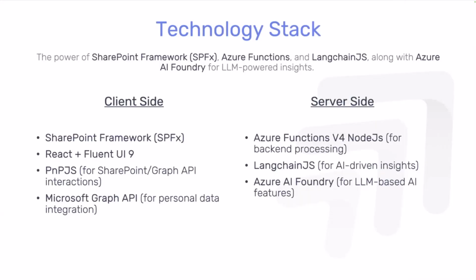Again, the technology stack is SharePoint Framework, Azure Functions, LangChain, and Azure AI Foundry. The idea is that we use PnP.js on the client side to bring the information from SharePoint and the Graph API, and then we send this information as a JSON payload to our Azure Function, implemented in Node.js using LangChain, and then return the data generated by AI to the client.